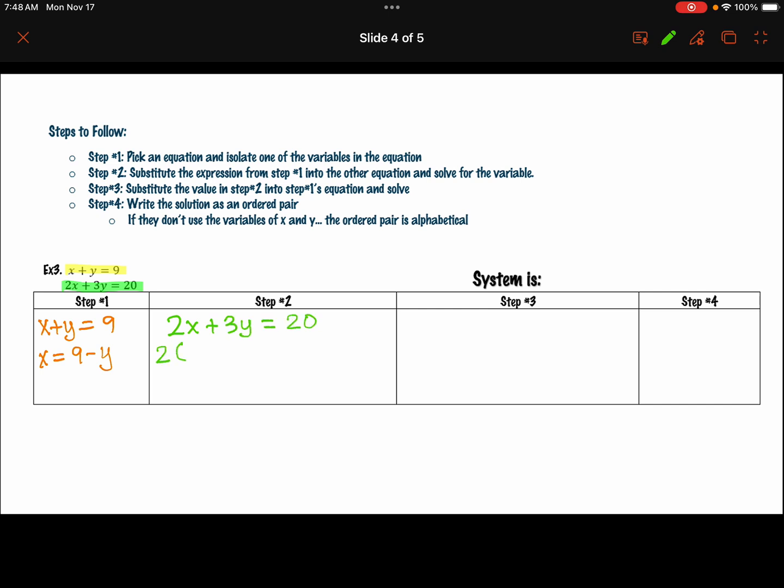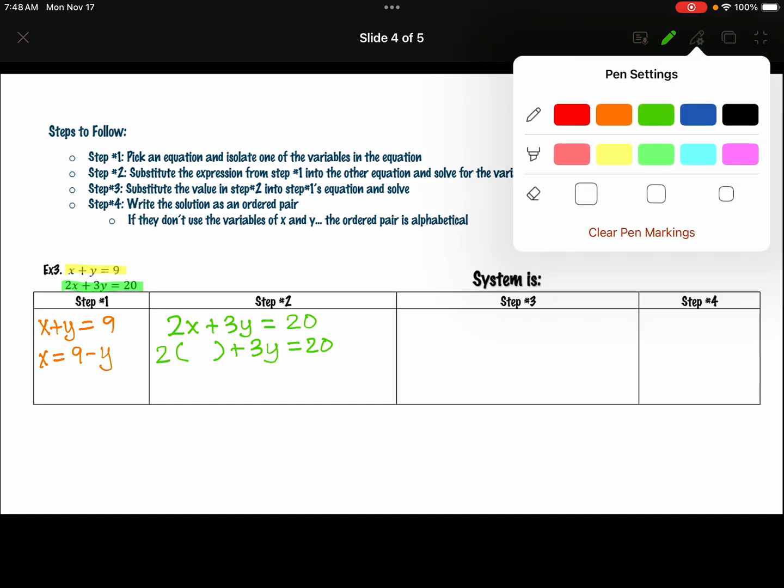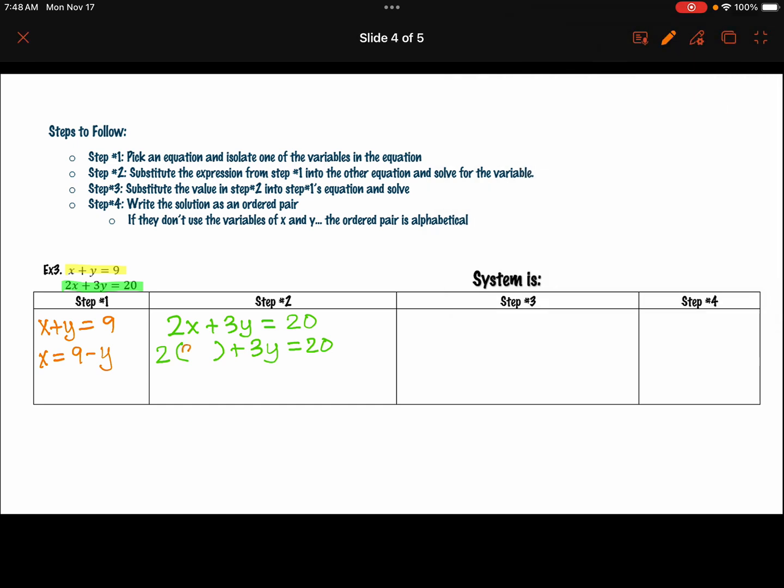So 2 times (9 minus Y) plus 3Y equals 20. And I am going to substitute in the 9 minus Y. So now I have 18 minus 2Y plus 3Y equals 20. So Y is going to equal 20 minus 18, which is 2.